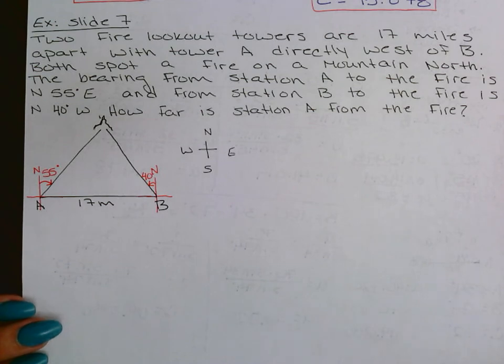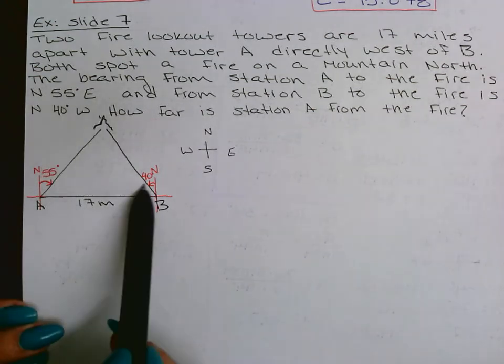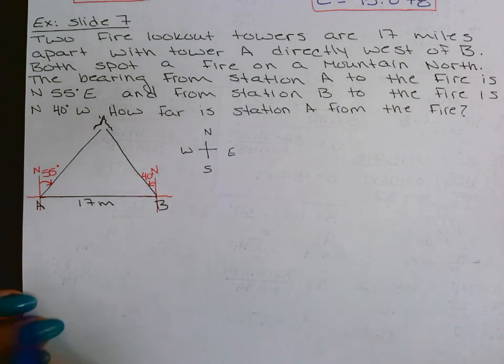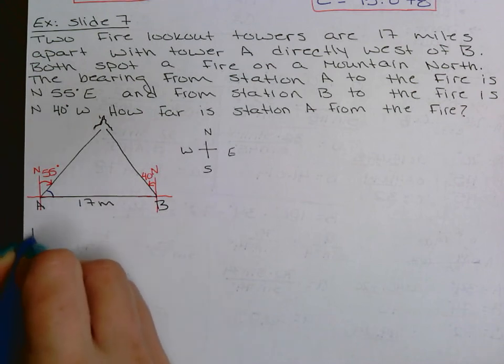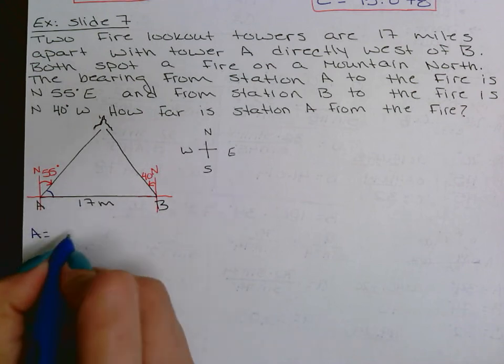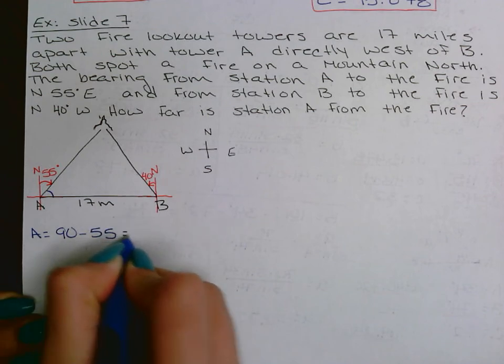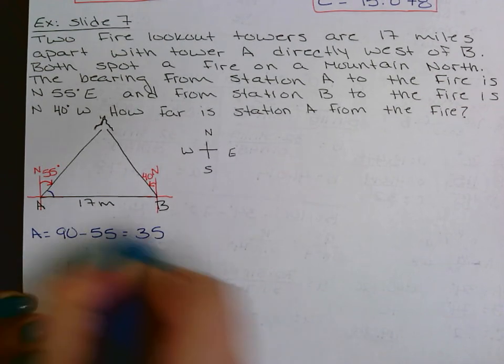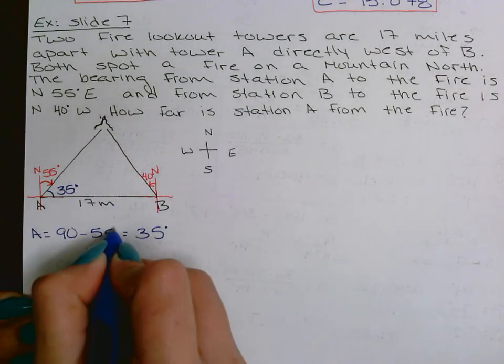So be careful because the trick here is that a lot of people think those are the degrees we're supposed to put in these spots. Okay? But in reality, what do I have to do to be able to find angle A? Subtract from 90. So I say 90 minus 55, which gives me 35, is really what this value is. Okay?